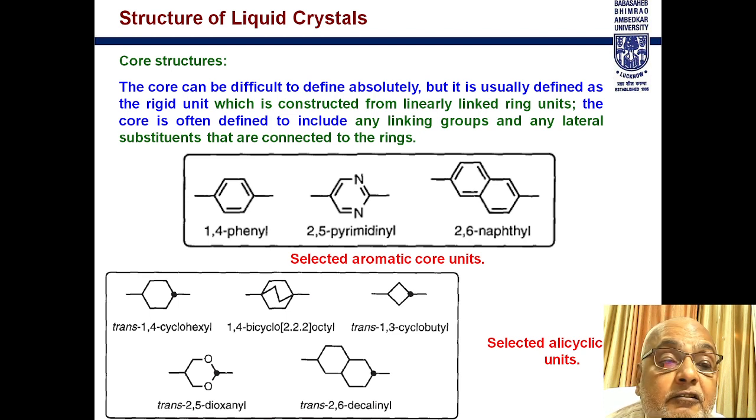The core is often defined to include any linkage group and any lateral substituent that is connected to the ring. These are a few examples of core structures: 1,4-phenyl, 2,5-pyrimidine, 2,6-naphthalene. And there are some cyclohexane type structures also in the core form.